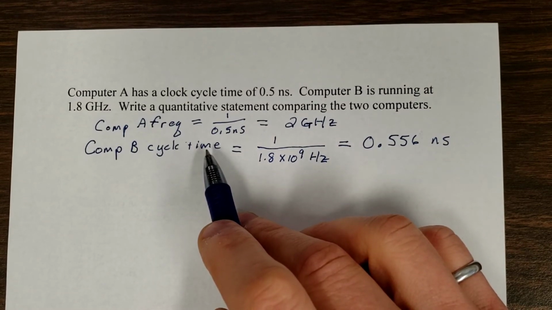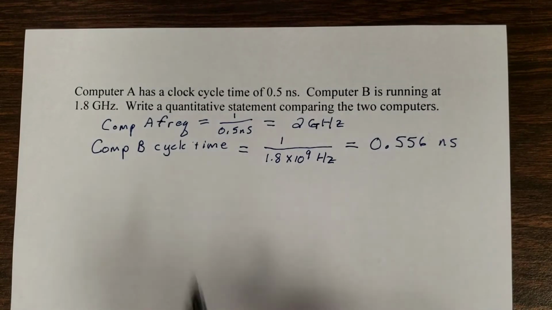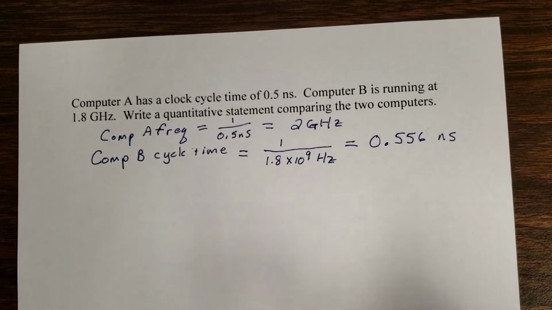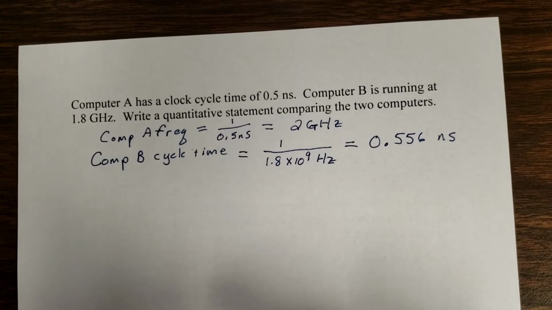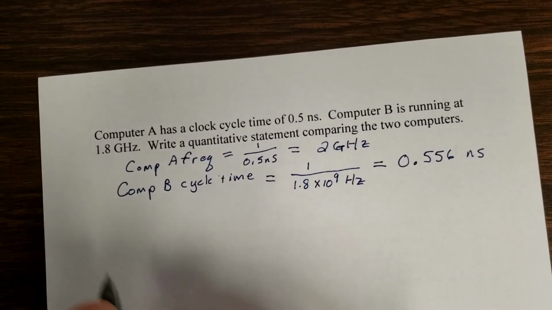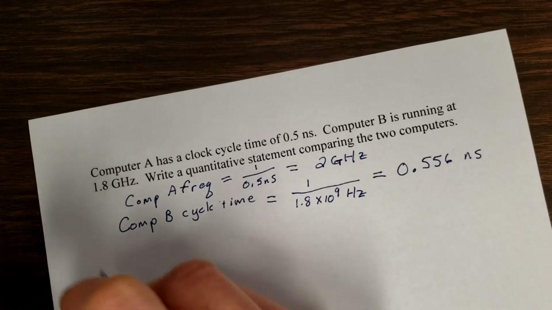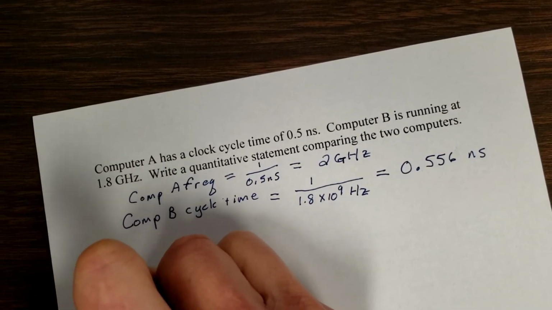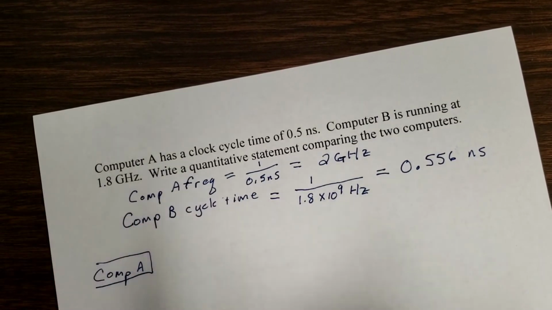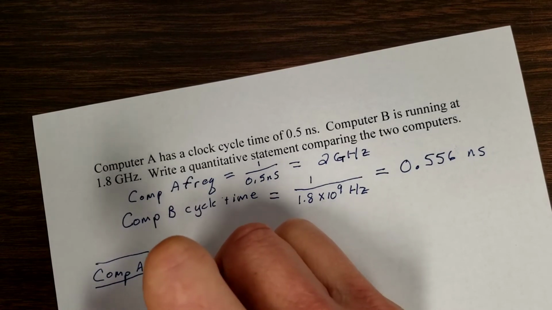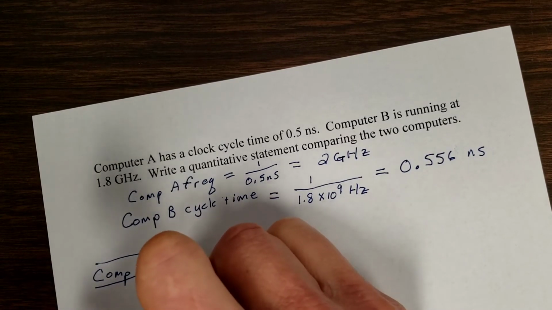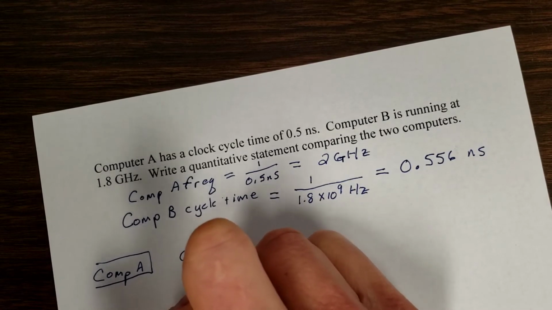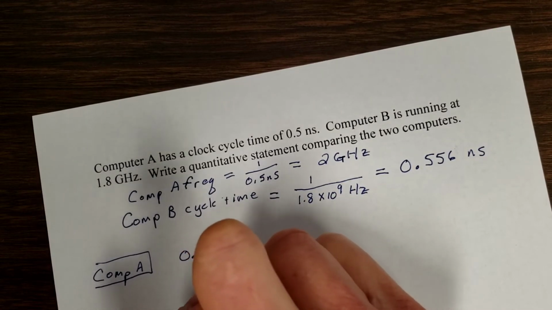Now this is going to be the ratio, and we already remember that the number of instructions for both programs, for both architectures, is the same. So we can look at the time per instruction for each of these, and we can compare apples to apples that way. So computer A, we have a cycle time of 0.5 nanoseconds per cycle.